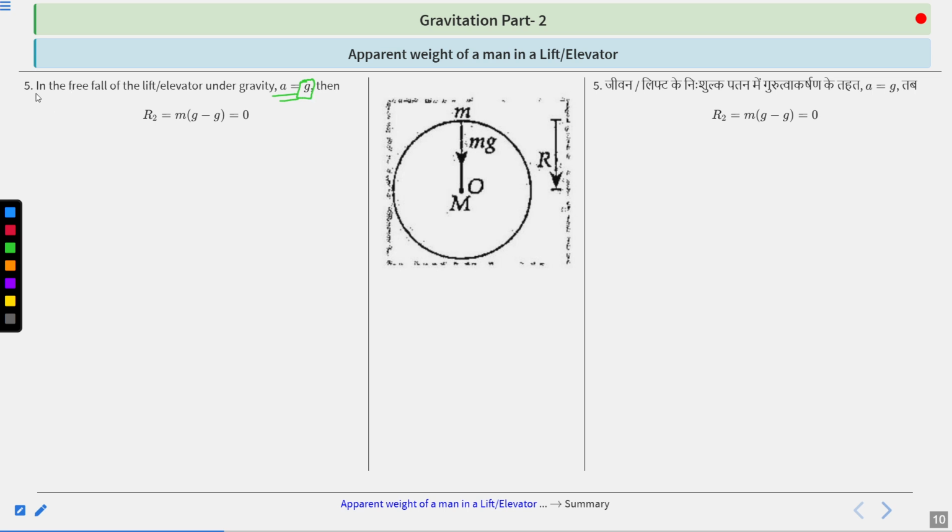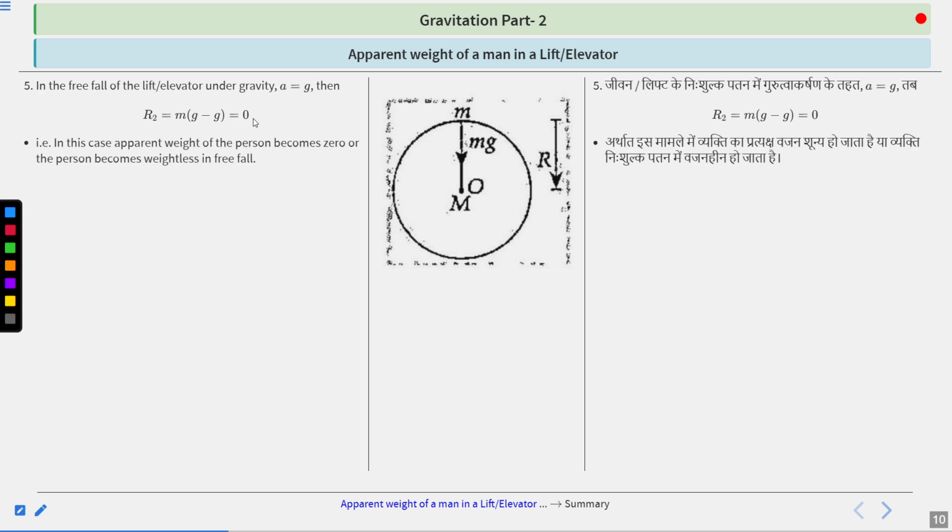So now if we consider the free fall of the lift, the elevator under gravity, a = g. The acceleration is equal to the acceleration due to gravity. Then R2 = m(g − g) = 0. Therefore, in this case, the apparent weight of the person becomes zero, or the person becomes weightless in the condition of free falling.